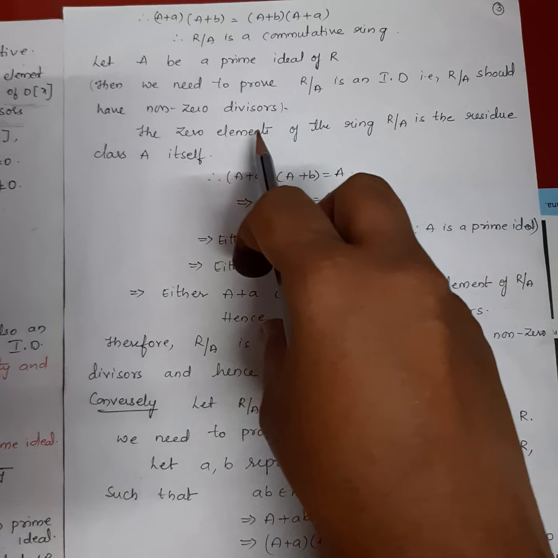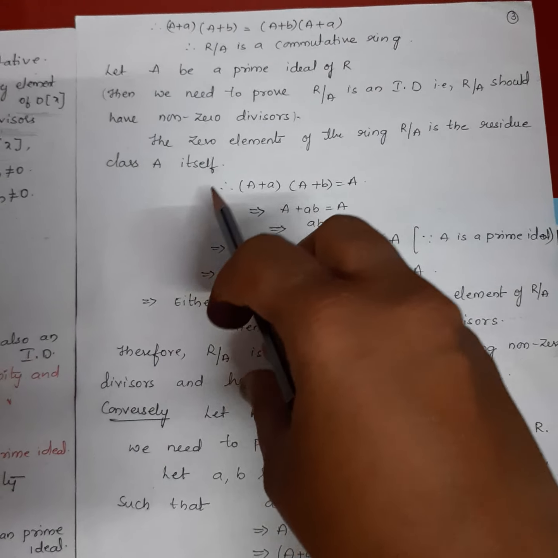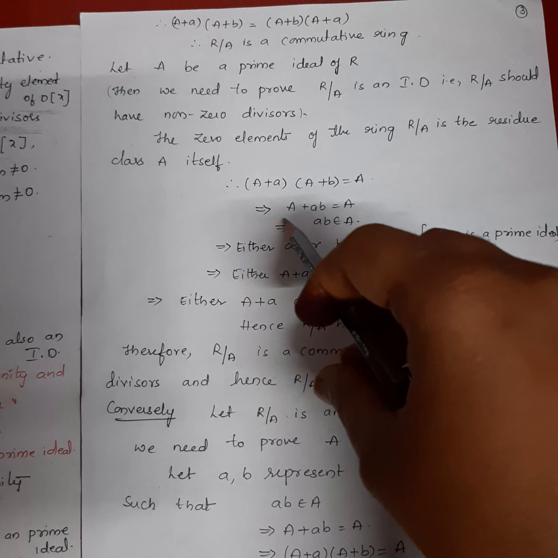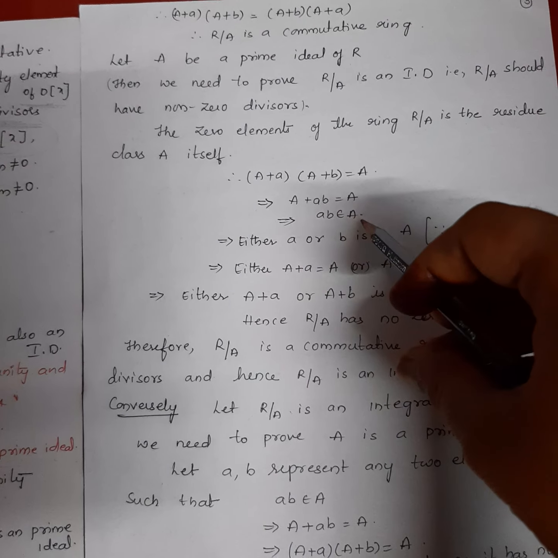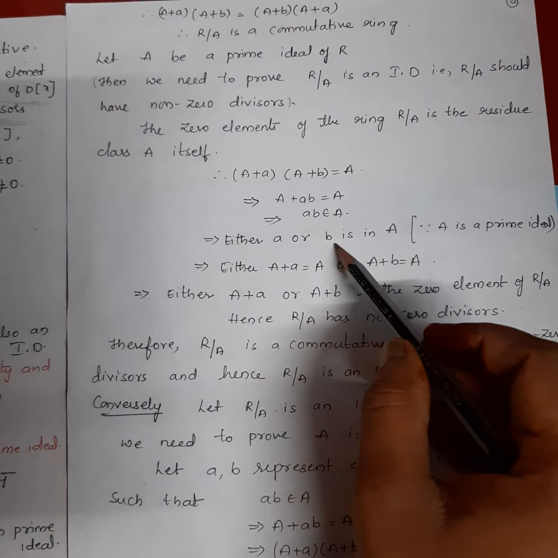The zero element of the ring R/A is the residue class A itself. So (a + A)(b + A) = A, I can write this as ab + A = A, therefore ab belongs to A. So here either a or b is in A.